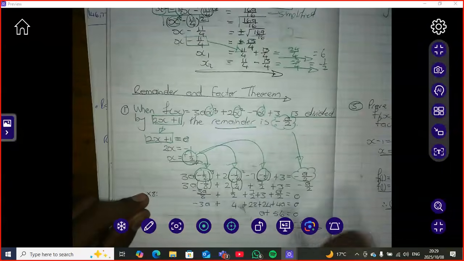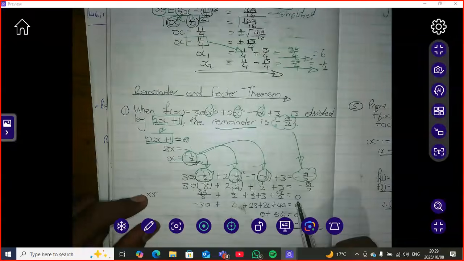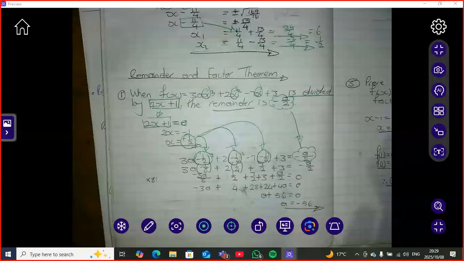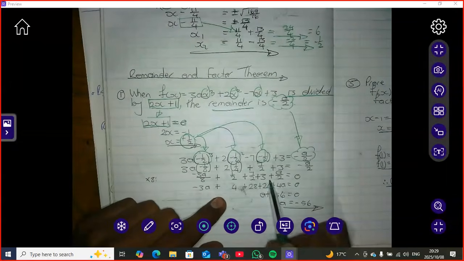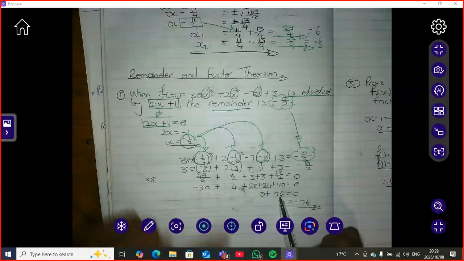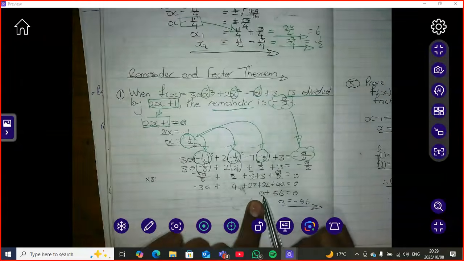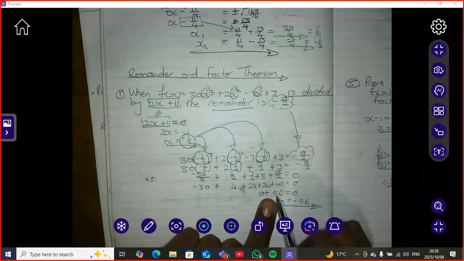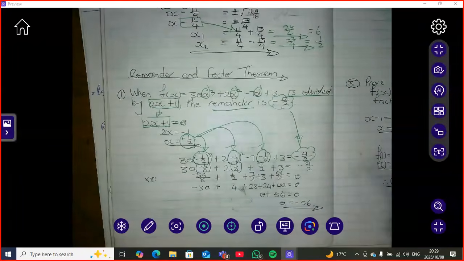And 8 times a over 2 gave me 4a. Then 8 times 0 gave me 0. Then all I did was calculate this whole thing. I got 56. Negative 3a plus 4a gave me a positive a, equal to 0 still. To get a alone, I take 56 over, which gave me negative 56.